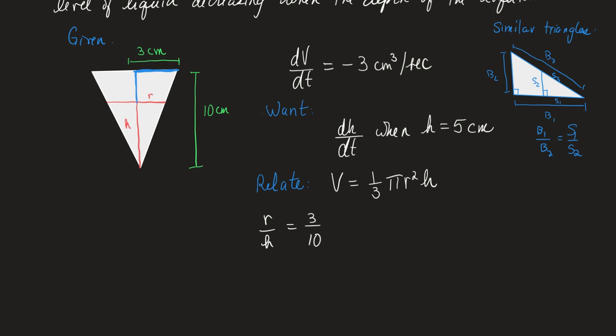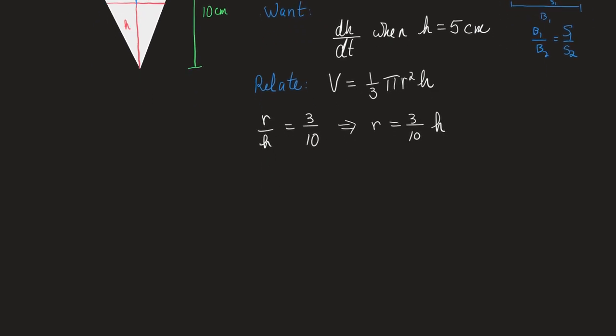And remember, I want to solve for R in terms of H. The reason is because I want to get an H in here because I have dH by dt. Solving for H in terms of R doesn't help you because you don't have dr by dt. So if R over H is 3 over 10, that tells me that R is 3/10 times H. So using that, I'm going to substitute that into the volume formula.